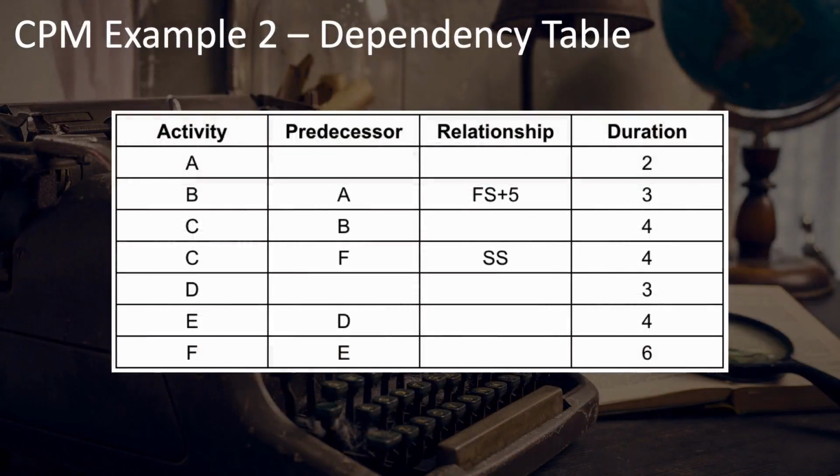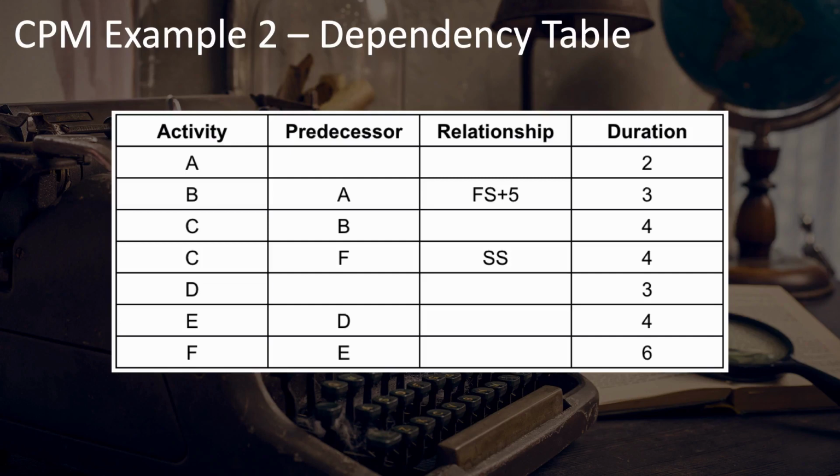Now let's take a look at another example that's a little bit different. It also has activities A through F. The predecessor relationships are slightly different and with different relationships, and the durations are slightly changed. Activity A with a duration of 2, B with a duration of 3, C with 4, and so on. The predecessors are just a bit different.